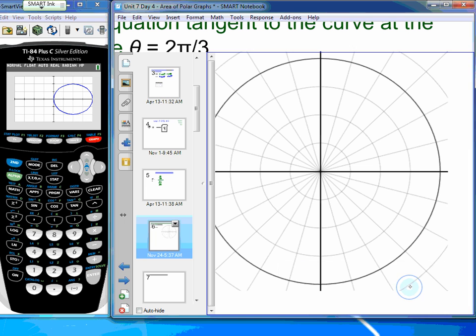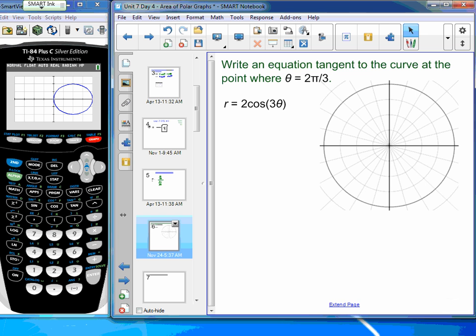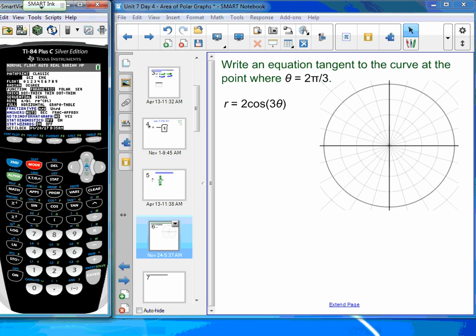And so we're going to go ahead and continue working with our grapher today. I'm going to make sure that my mode is back to polar mode, and we're going to enter r equals 2 cosine 3 theta. This is one of the families we'll recognize, if you've forgotten what this looks like.